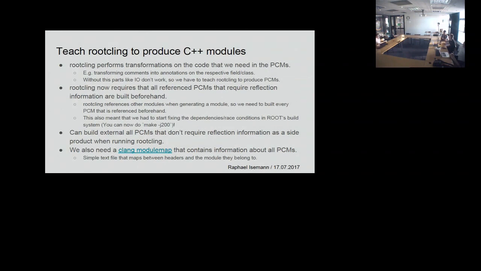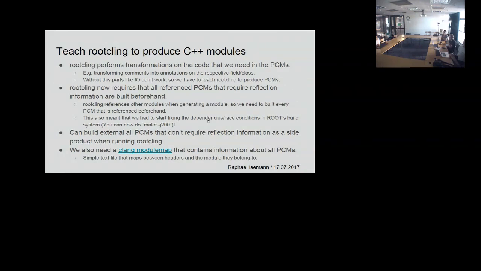They reference each other to save space; this is how modules just work. If you have another module, you just reference it instead of including everything, and for this we need to have the other module built. This is why rootcling currently has a dependency. This may fall away in the future, but for the moment it is a new requirement for rootcling when using modules.